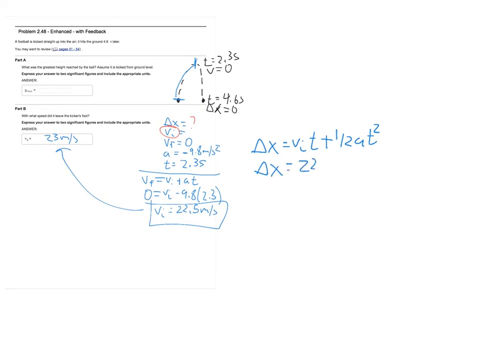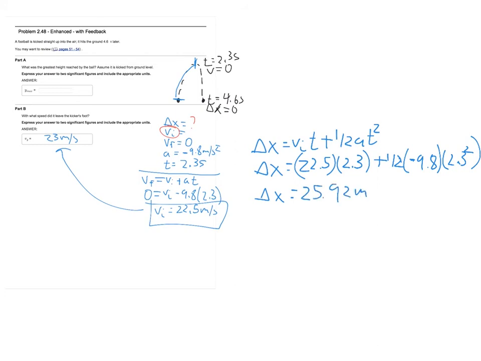That initial velocity is 22.5 times our time of 2.3 plus 1/2 times negative 9.8 times 2.3 squared. I can go ahead then and solve for my displacement. So I end up getting the displacement here, which is my max height, of 25.92 meters, which rounds, if we're doing 2 sig figs, to 26 meters.